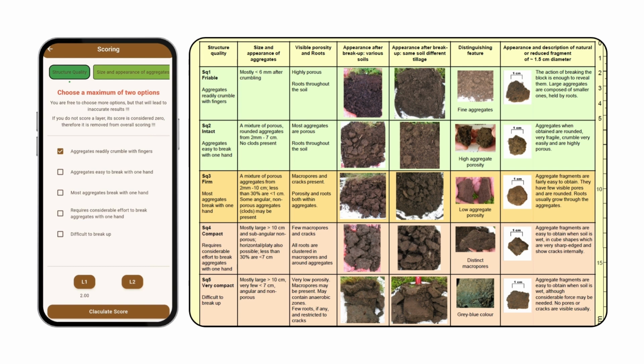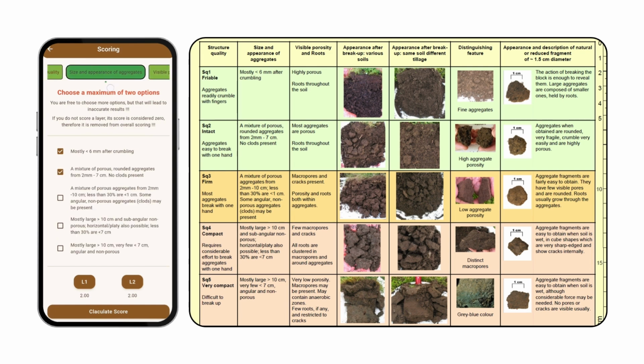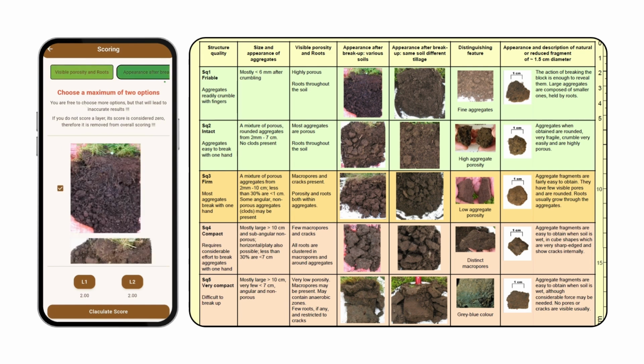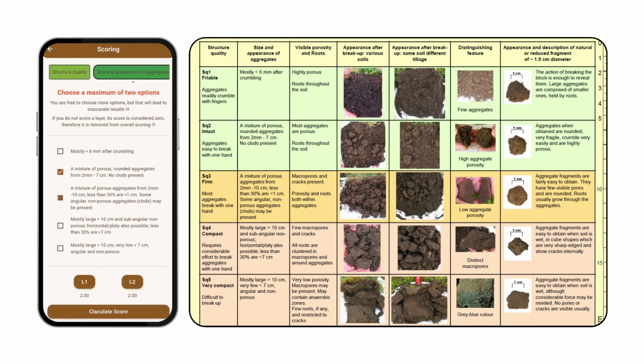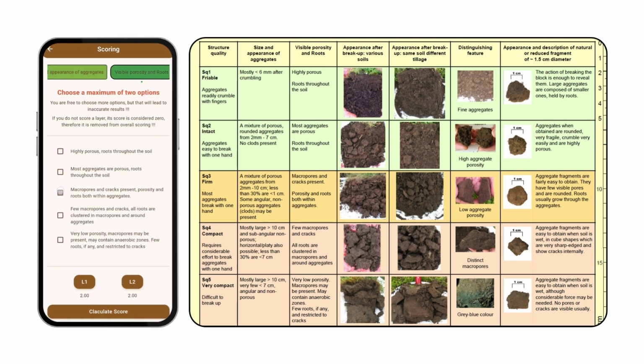So what happens if I press the L2 now? It will be assigned the same score as layer 1 because I didn't change any of the options here. So I'm using the same page for scoring all layers. What I should do is that when I'm going to layer 2, I should just come here and change all my options based on what I see on layer 2. So this is how it works basically.